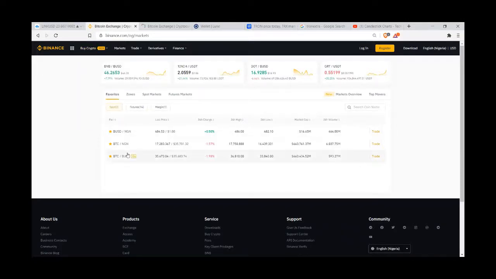So under favorites, for me now, which one did I click? Oh, it's still loading. It's taking too much time to load.